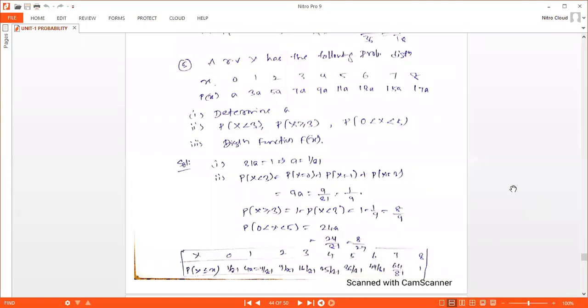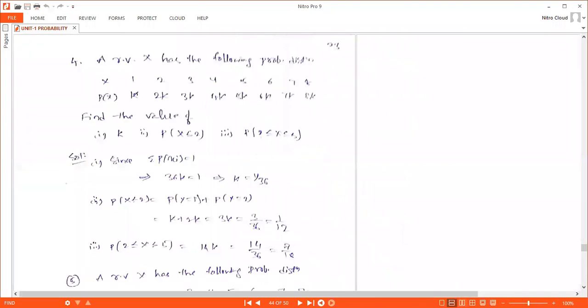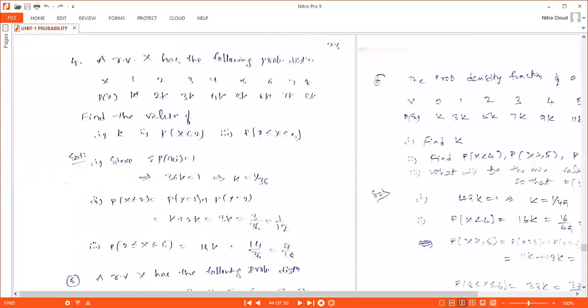Add all the values. We'll get 81. So 81 by 81. The value is 1.